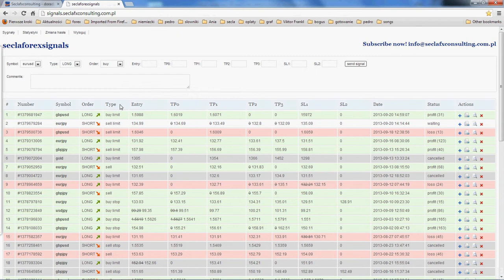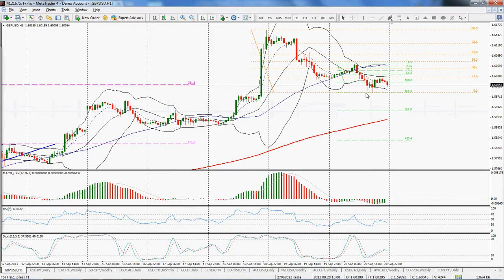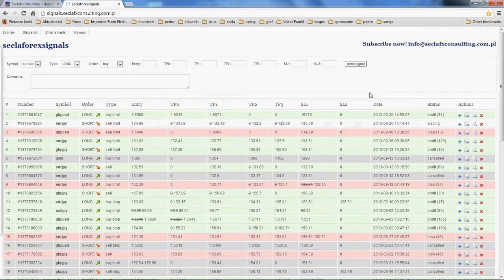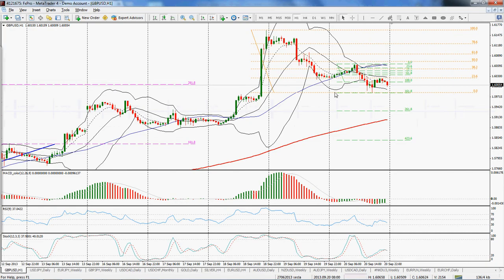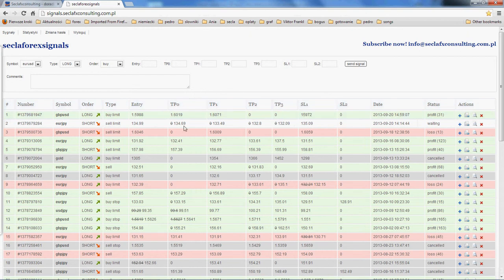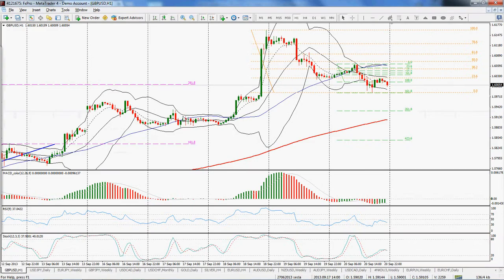That is the reason I sent you yesterday this buy limit signal, which entered very precisely, almost exactly to the pip, and this has reached the first target.